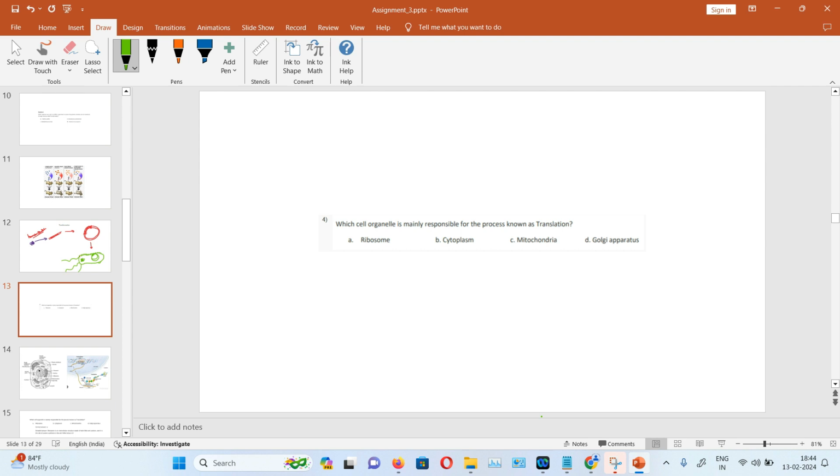The protein formation from the DNA in the cell happens in two steps: transcription and translation.